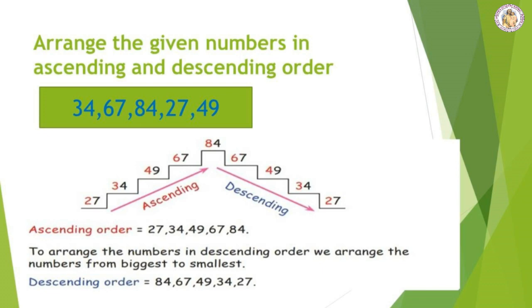So we can arrange the numbers from smallest to biggest. So the ascending order is 27, 34, 49, 67 and 84.